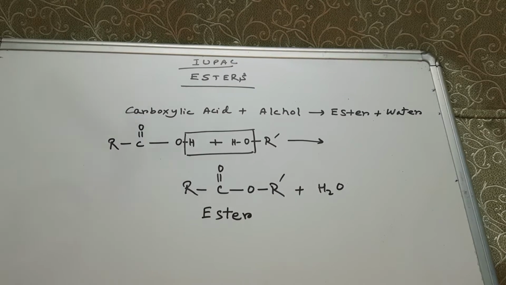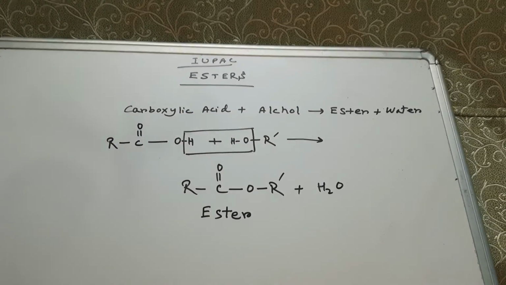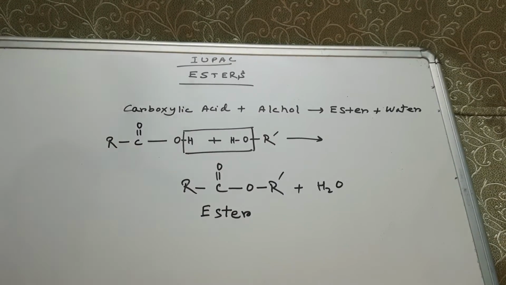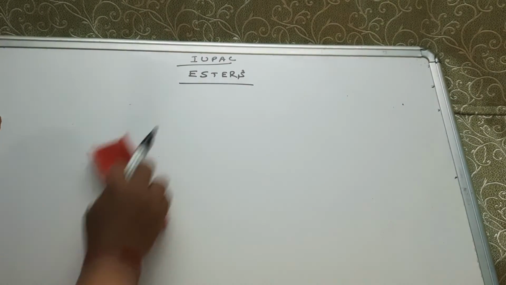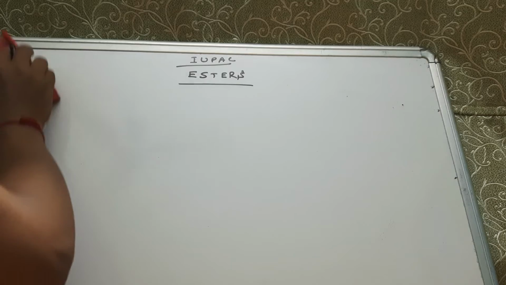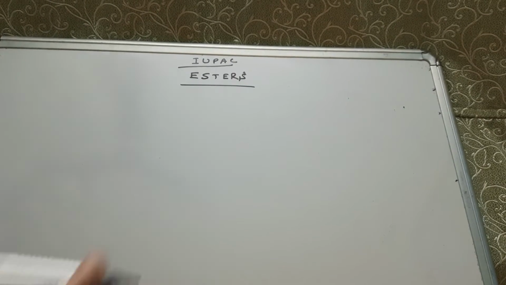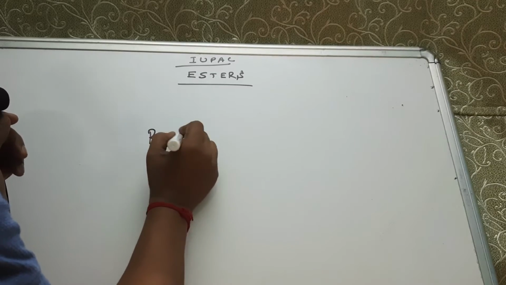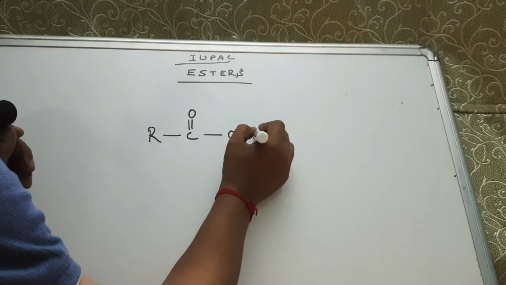So in an ester molecule, look, in an ester molecule, R C double bond O bond R prime.